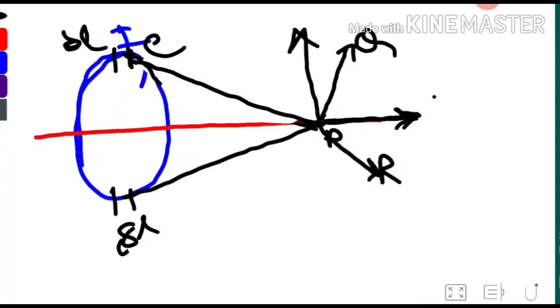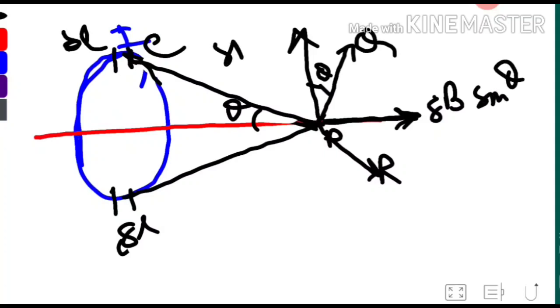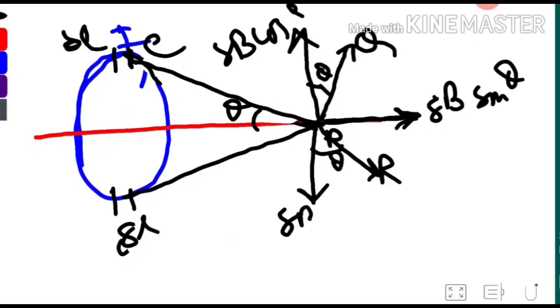Let this be our theta. This component is delta B sin theta, and this component is delta B cos theta. Here also, the PR we can divide into two components, and this is the theta, so this is delta B cos theta and this is delta B sin theta.